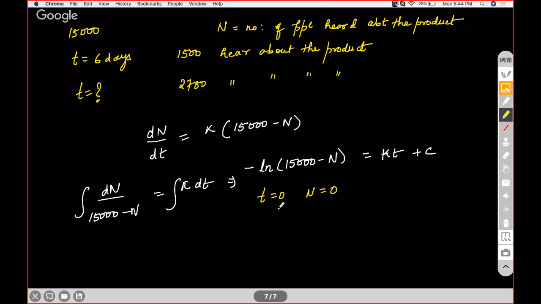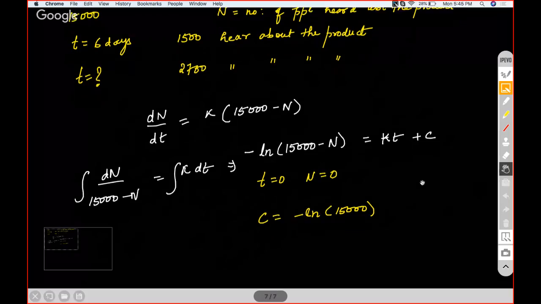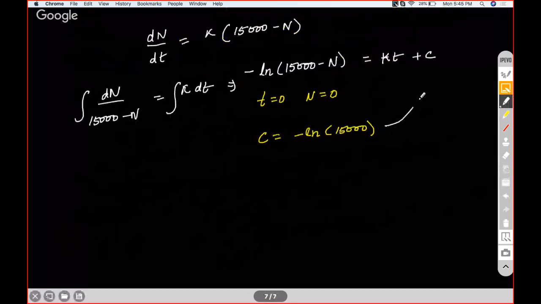So I'll get C is equal to negative ln 15,000. I place it back over here, so I get ln 15,000 by 15,000 minus n is kt.